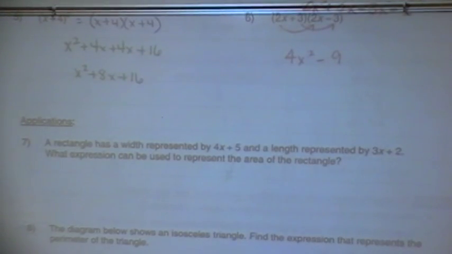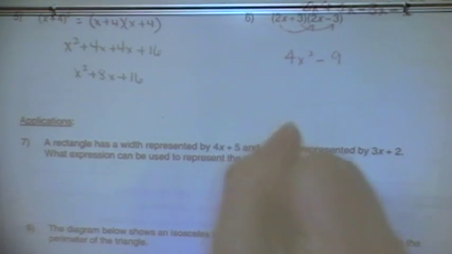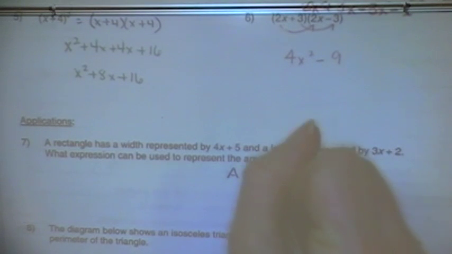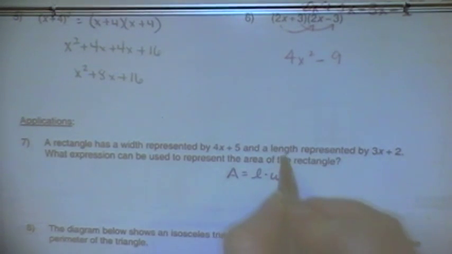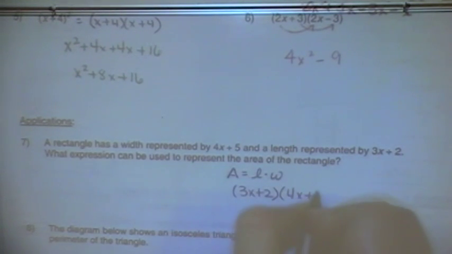Next problem? Rectangle with a width of 4x plus 5 and a length of 3x plus 2. What expression can be used to represent area? Area of a rectangle? Length times width, or base times height, either way, it doesn't matter. And they gave me a length of 3x plus 2 and a width of 4x plus 5.